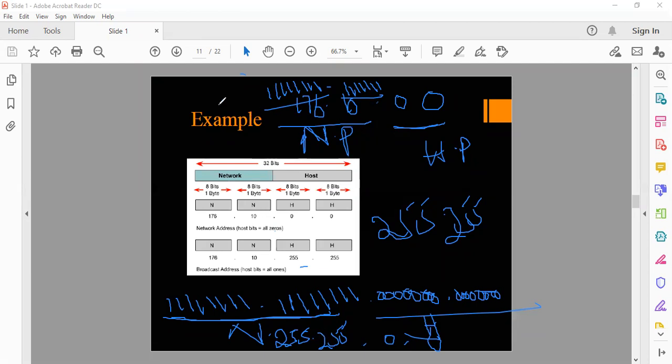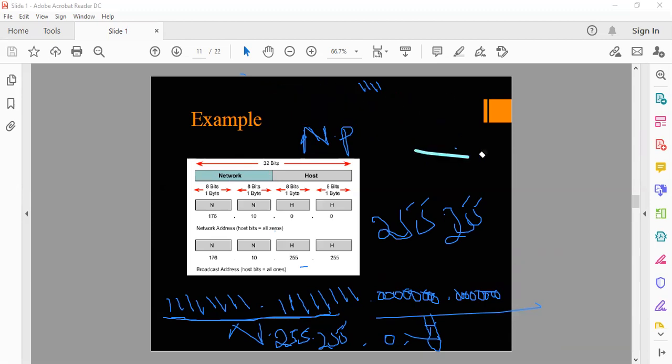If we understand class A IP addressing, as we all know, we reserve 1 octet for network and 3 octets for host.